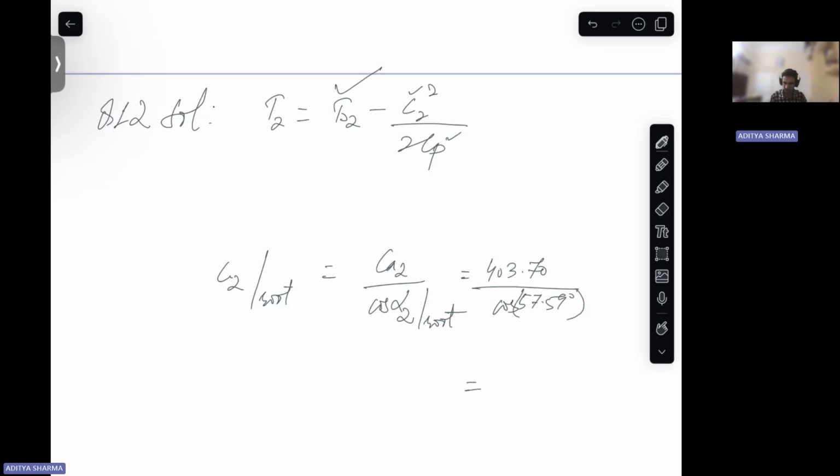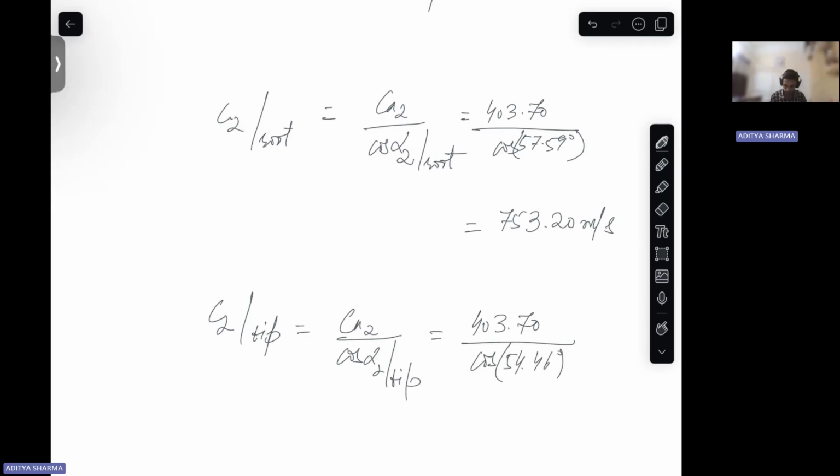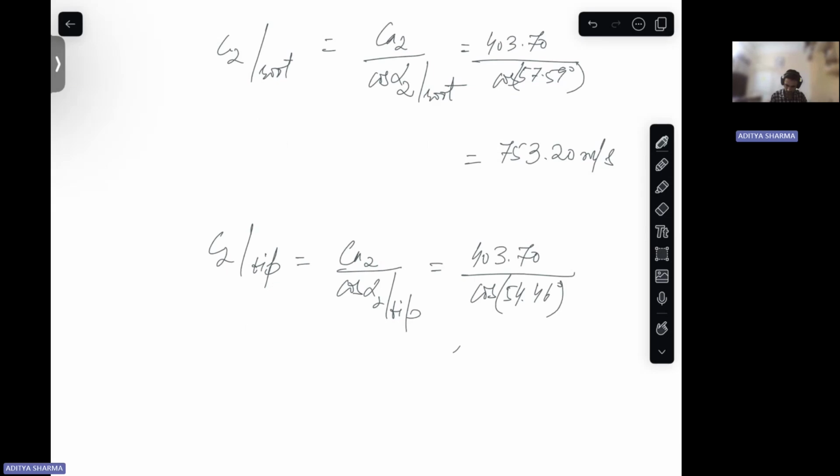If you calculate this, it will come out to be 753.20 meters per second. Then C2 tip is CA2 by cos alpha 2 of tip, so this is cos of 54.46 degrees.